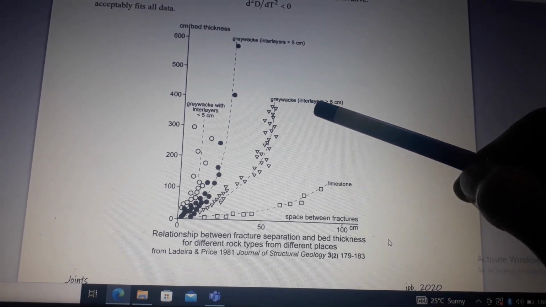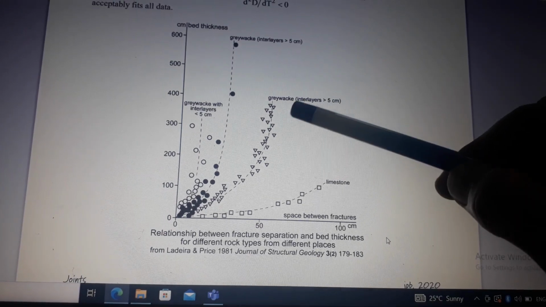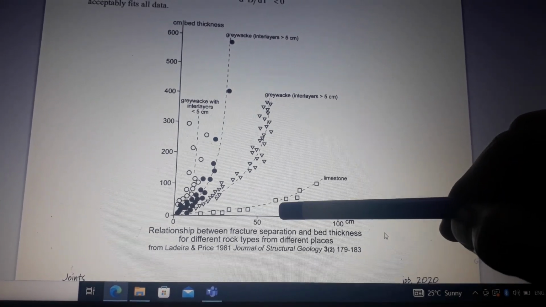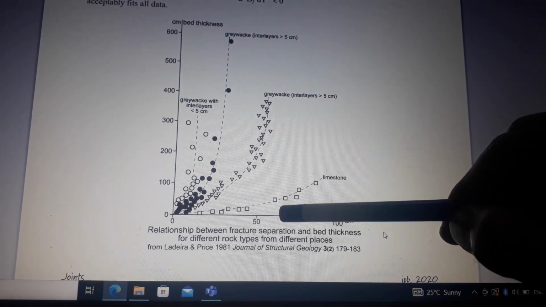Graywacke interlayers greater than 5 centimeters lie between 0 and 400, with spacing from 0 to around 50 centimeters apart.